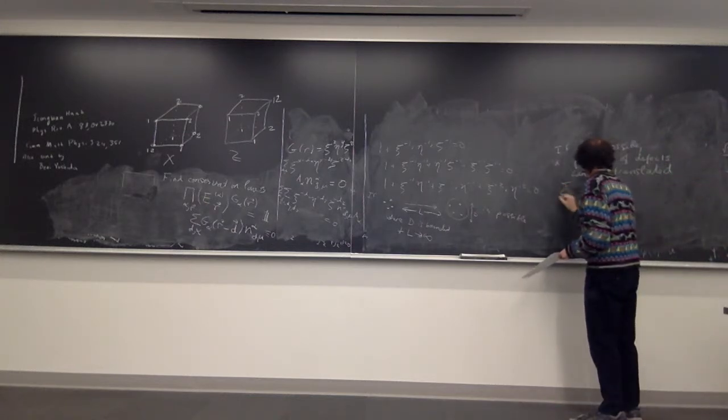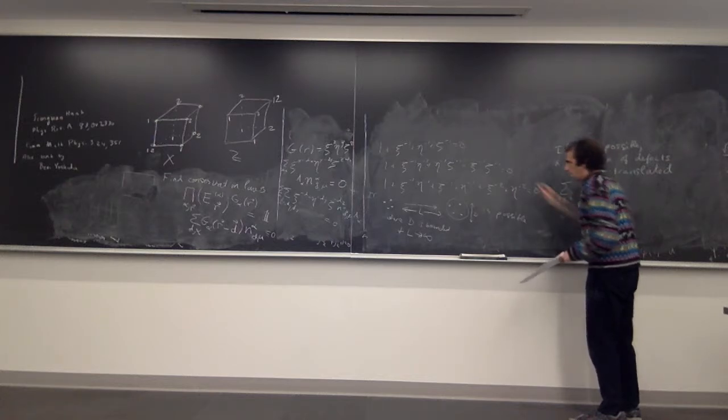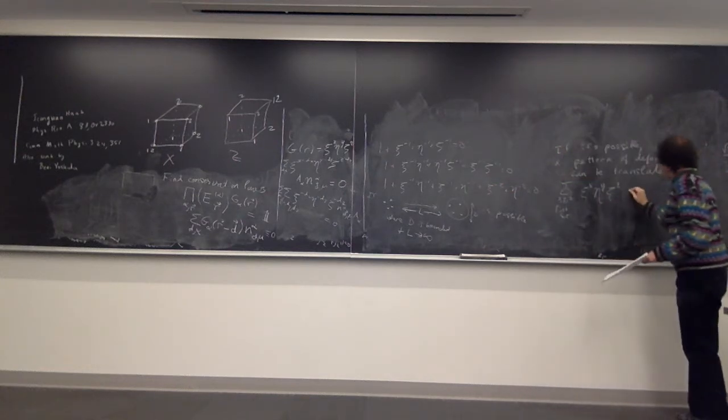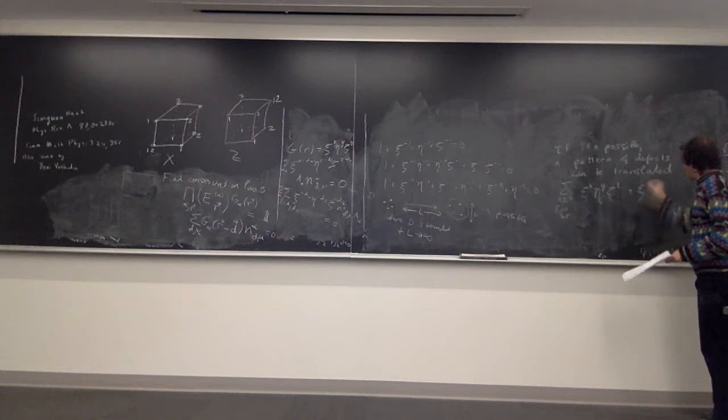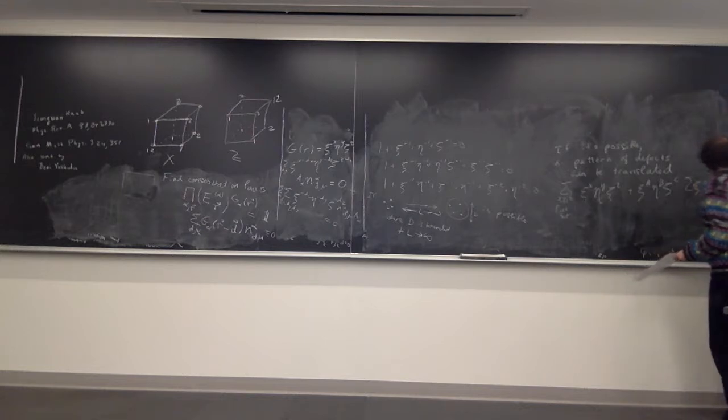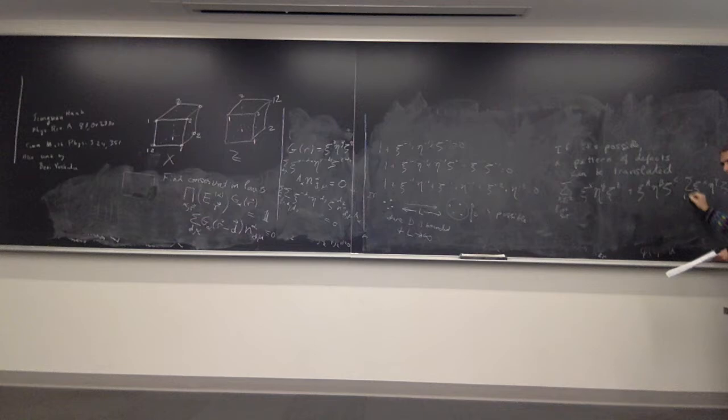So I sum this over all x, y, and z in the first set, and the set on the left, and then I add the set on the right, but that's just a translation. So it'll be c to the a, eta to the b, zeta to the c times the same polynomial. That's equal to 0.